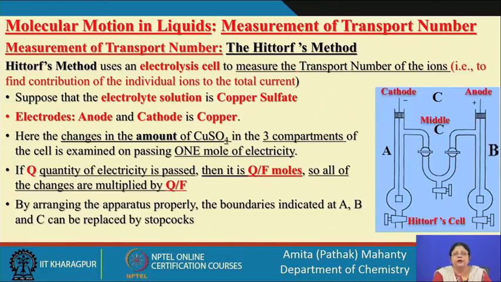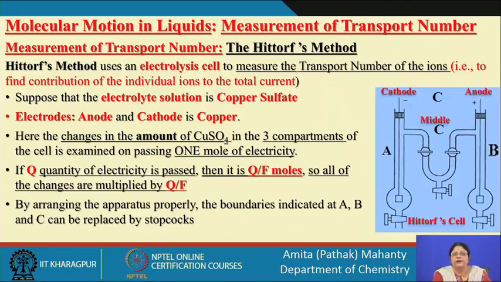The changes you see in the amounts of copper sulphate for each compartment should be multiplied by Q by F to get the changes in moles. This simplifies the whole thing, so that you have everything in one unit, moles, with Q by F being the amount of moles bringing about the change.